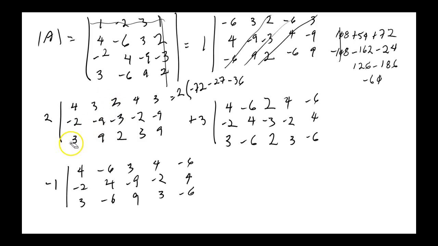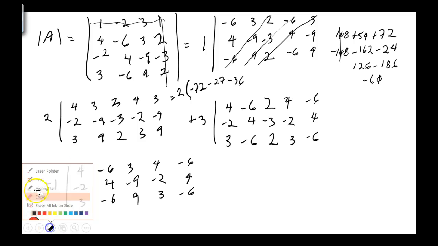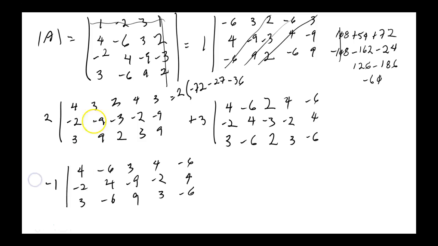All right. The up diagonals, let me get my eraser out of there. That's going to be a positive because it's a negative here and the up diagonal is negative. So that would be positive 54.